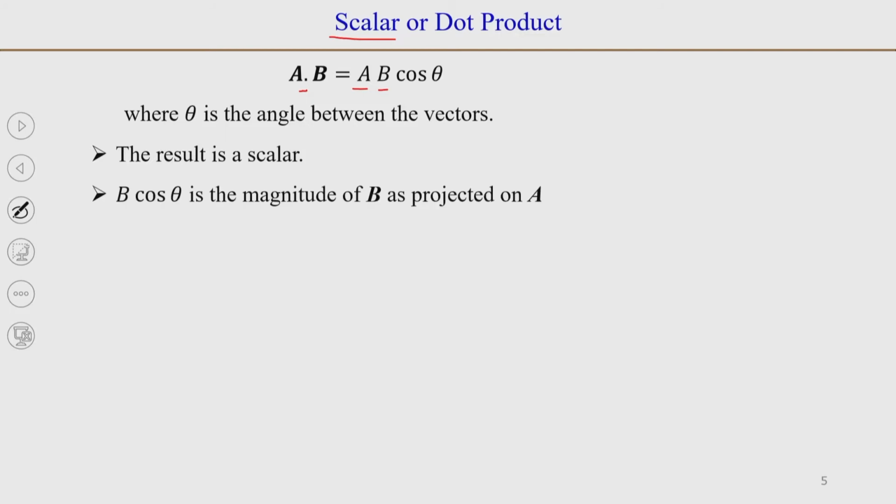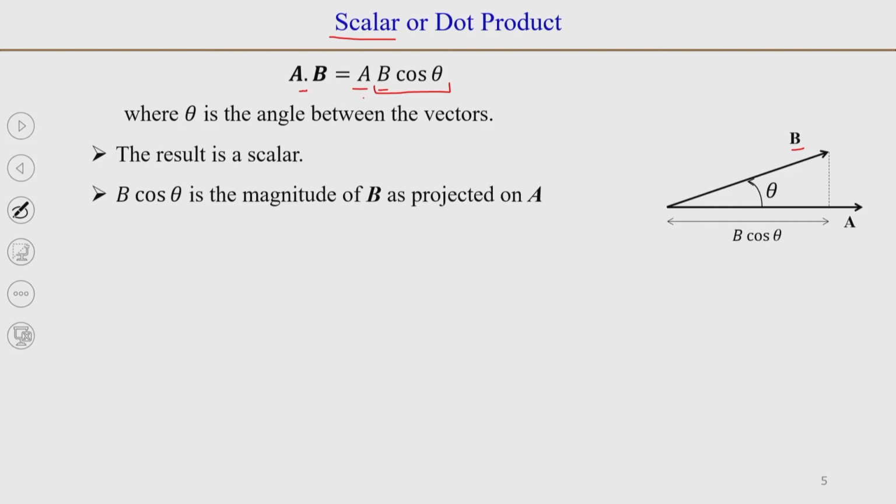Now, if we look at this, we can see that if you have a vector A and another vector B here, and the angle between them is theta, then B cos theta, which is this component or this part, is the projection of vector B on vector A. So, you can treat the dot product as the magnitude of vector A multiplied by the projection of vector B on vector A, or you can do it the other way around.